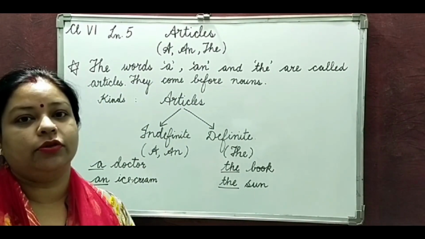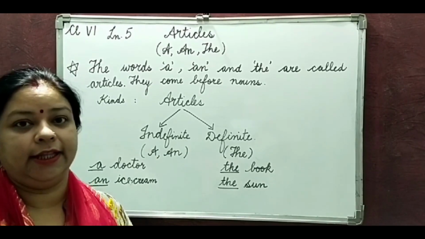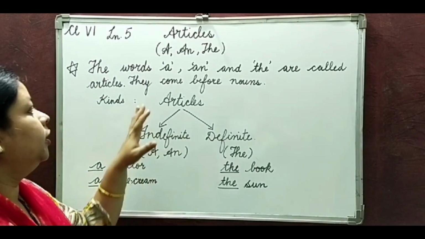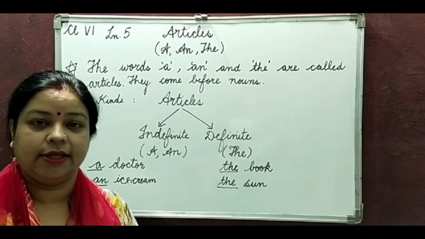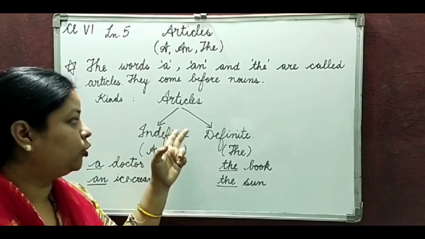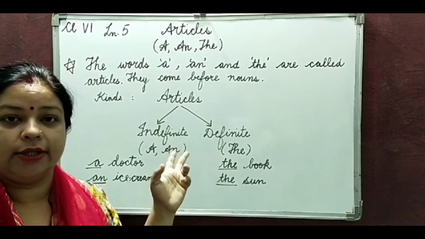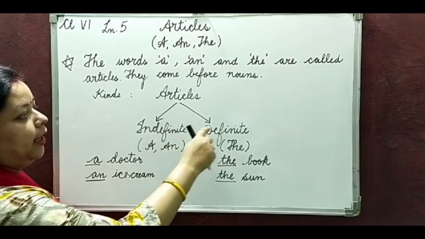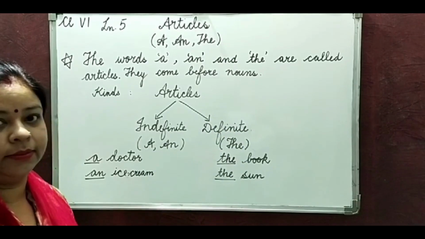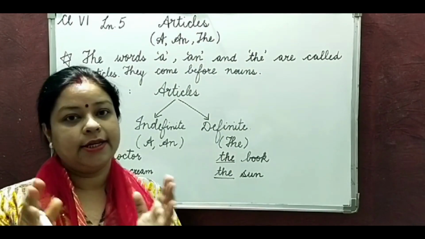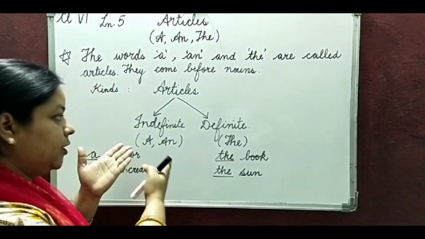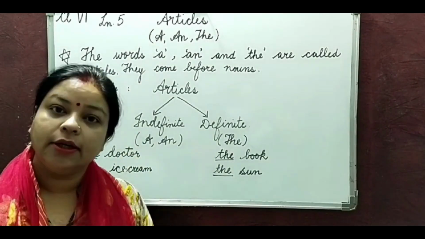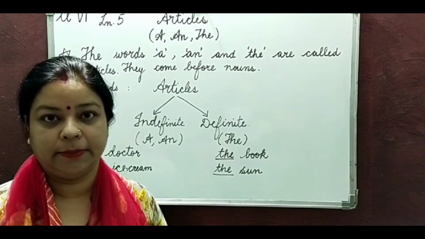What are the uses of articles? Before understanding that, we will come to know how many kinds of articles there are. So there are two types of articles, or two kinds of articles. They are indefinite article and definite article. So a and an come in the indefinite article and the comes in the definite article.